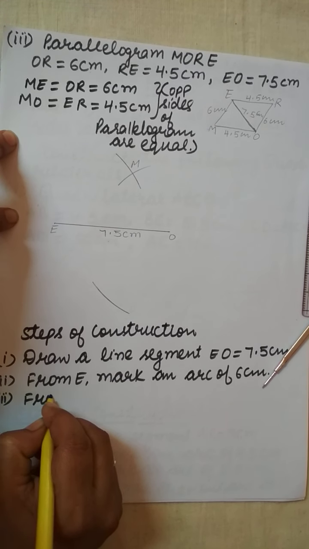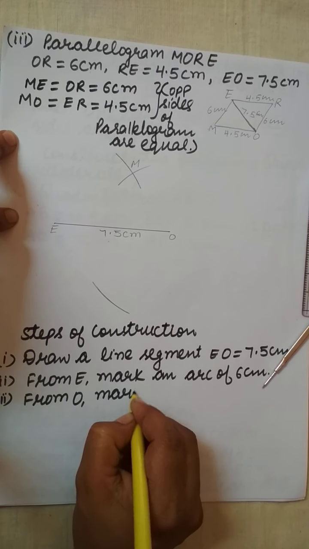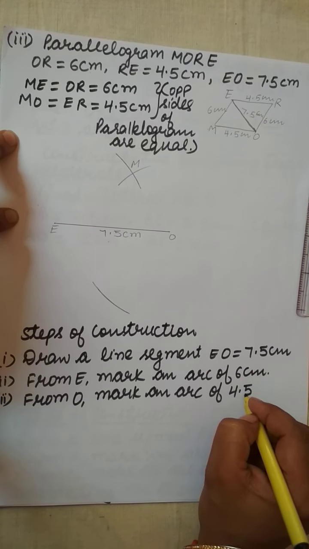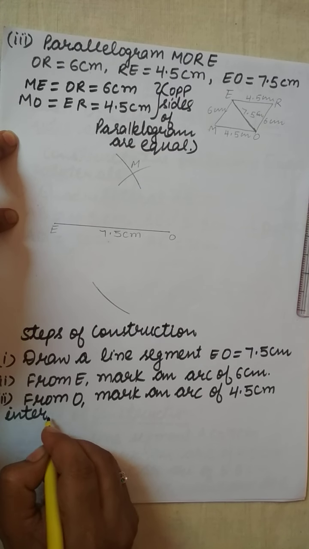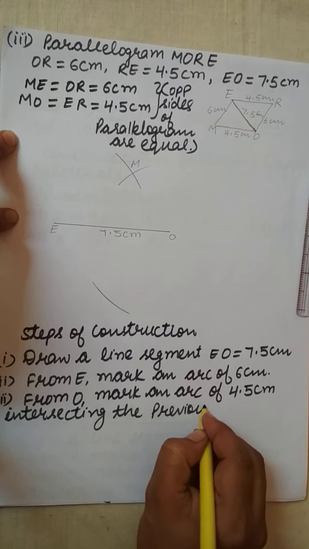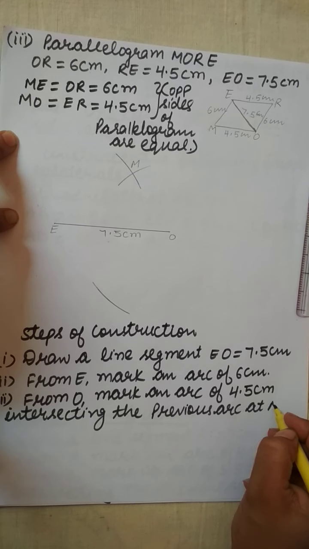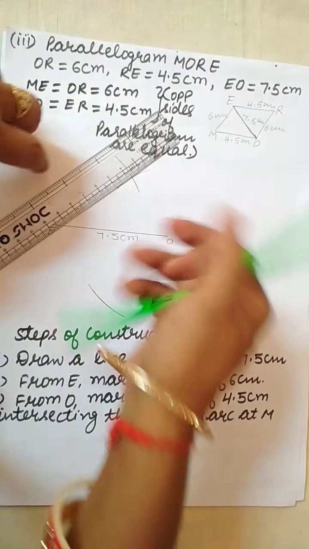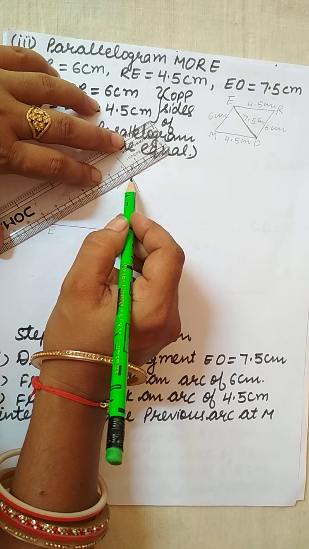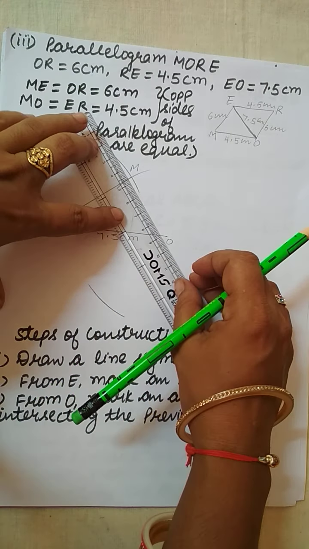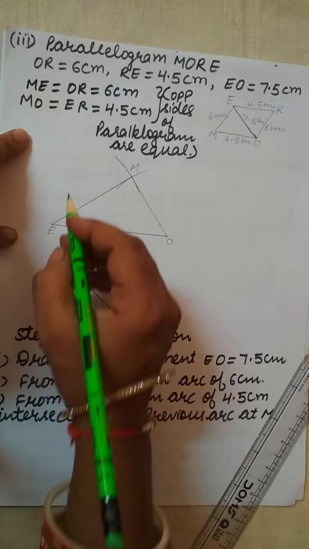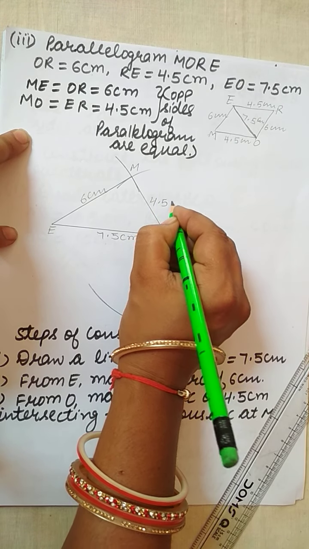From O mark an arc (4.5 centimeter) intersecting the previous arc at M. Now next is to join M to E and O. This is join M to E as well as M to O. Now write down, this is 6 centimeter and this is 4.5 centimeter.